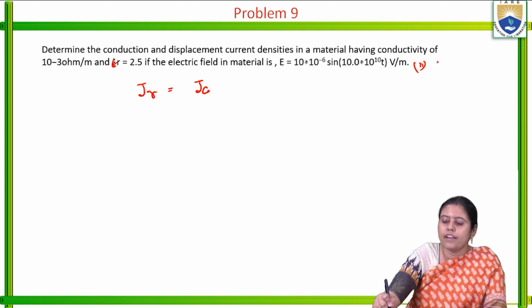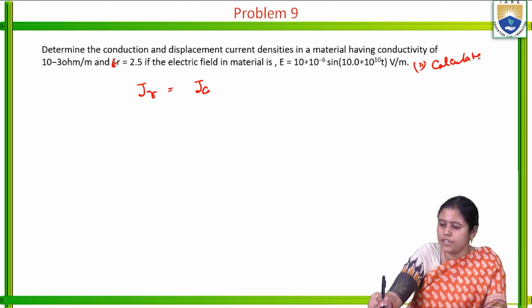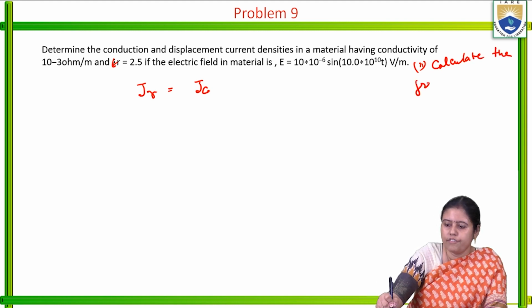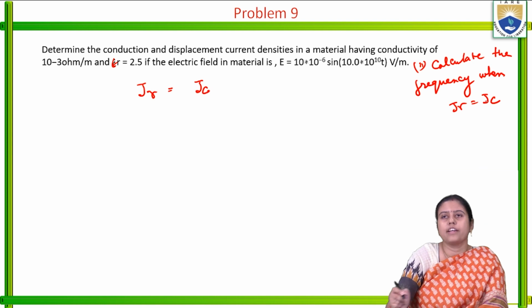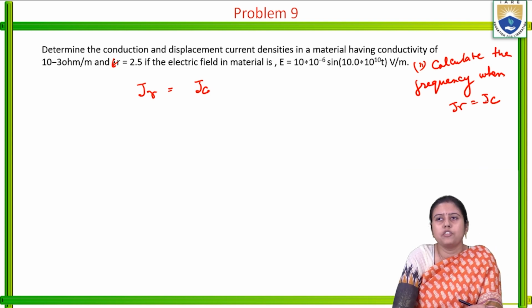Second part, calculate the frequency when JR is equal to JC, conduction current is equal to displacement current.